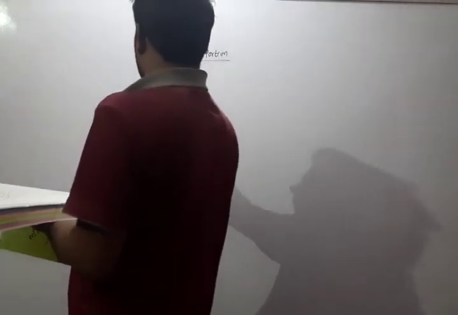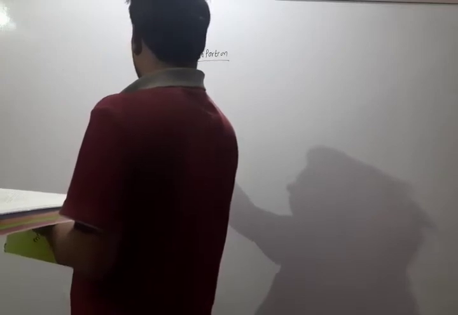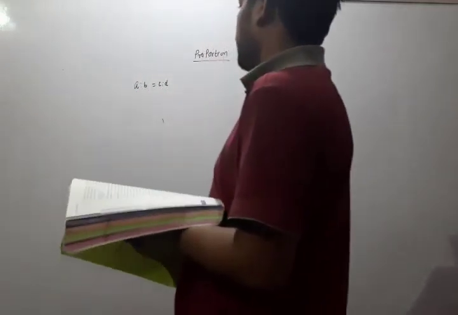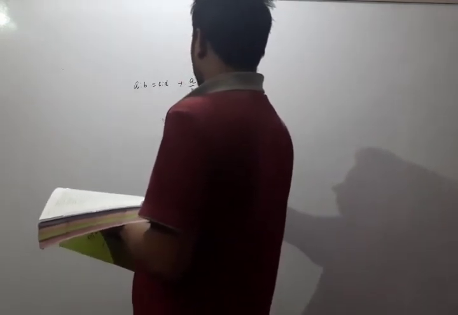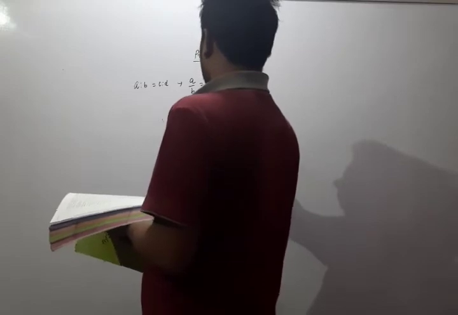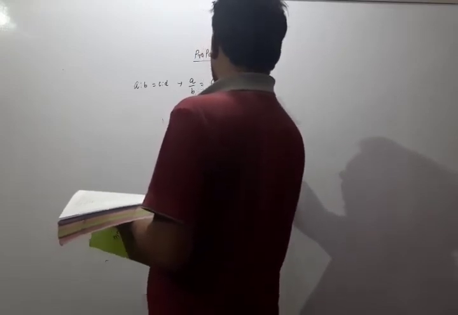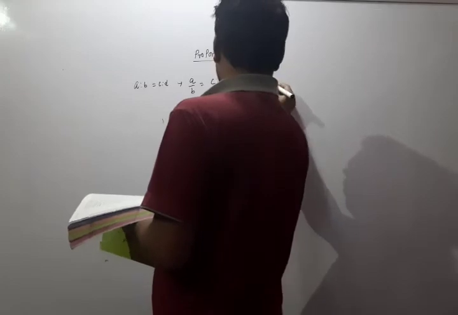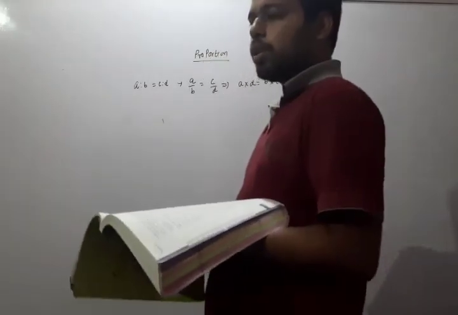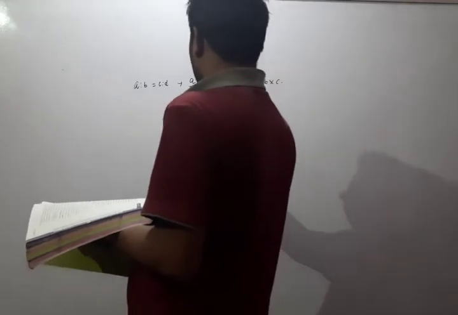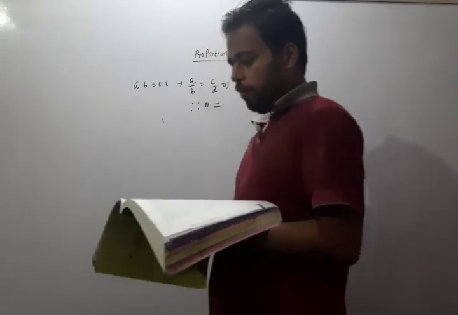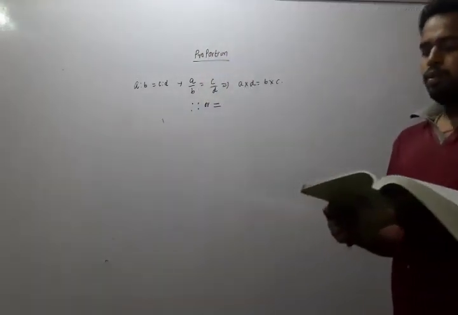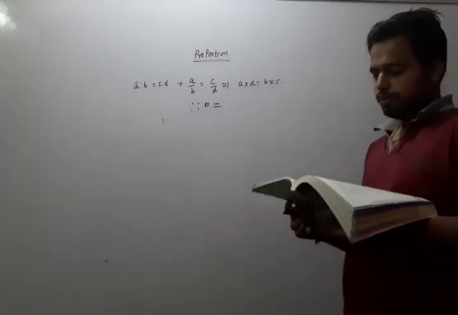Suppose A ratio B equals C ratio D, then they are said to be in proportion. Means A upon B equals C upon D. This implies that A multiplied by D equals B multiplied by C. For proportion we use either this symbol or this symbol. If ratios are not equal, then they are not in proportion.